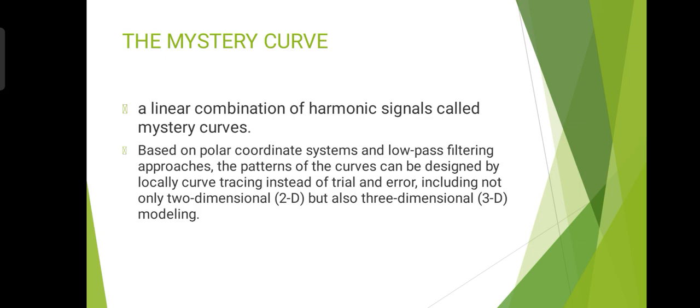Generally we go for the trial and error approach in order to design a system based on these curves, whereas in the mystery curve we go for a locally tracing approach instead of trial and error to design the pattern of the curve. It can be designed not only in two-dimensional but also in three-dimensional modeling.